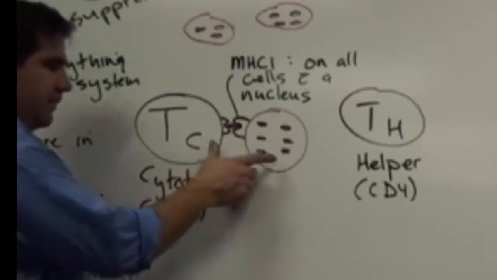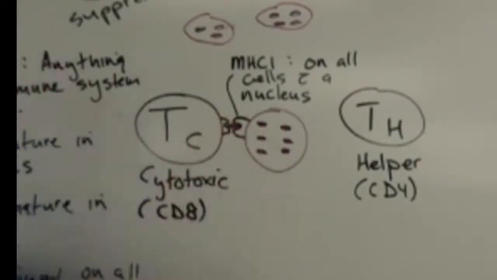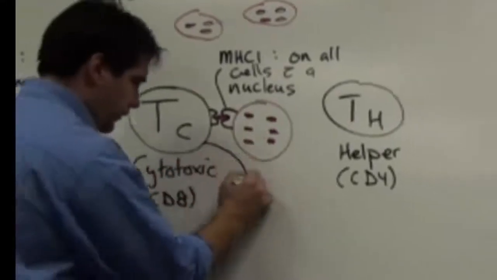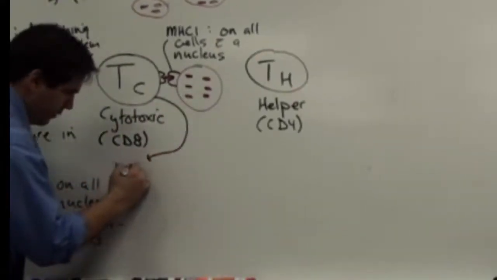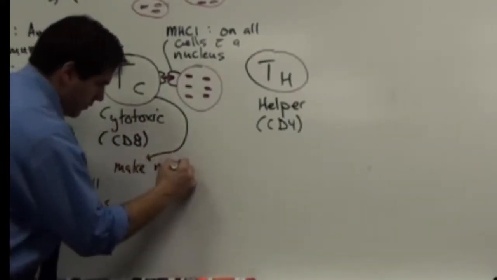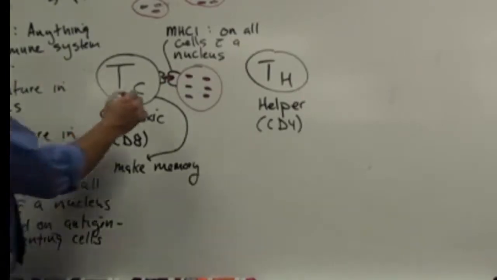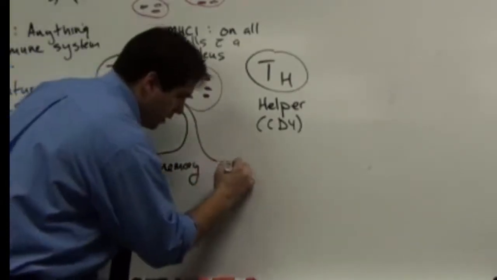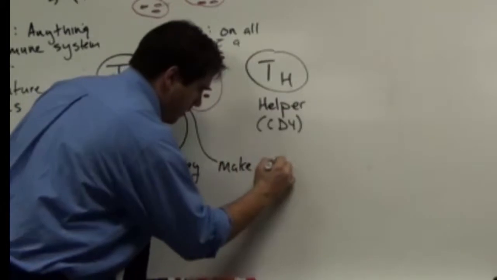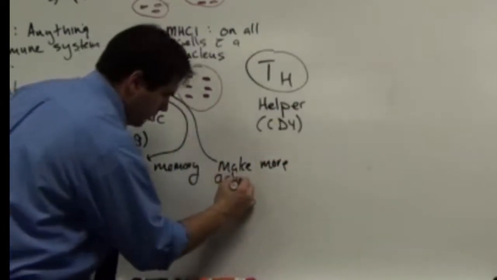When this TC cell finds an infected cell and it's got this connection, it's going to do two things. It's going to make memory. We're going to come back to MHC in a second, but I just wanted to follow through on this one. It's also going to make more active cells.